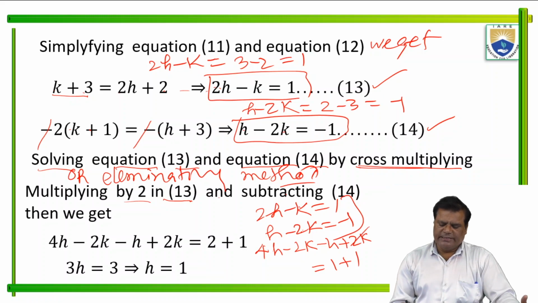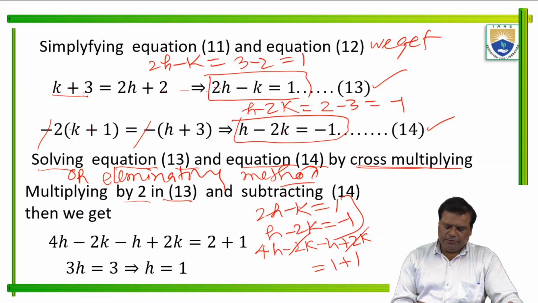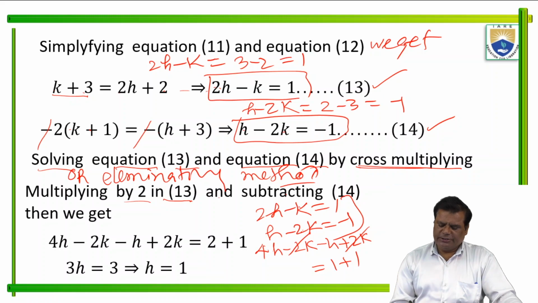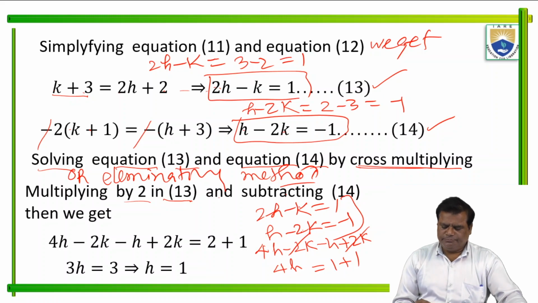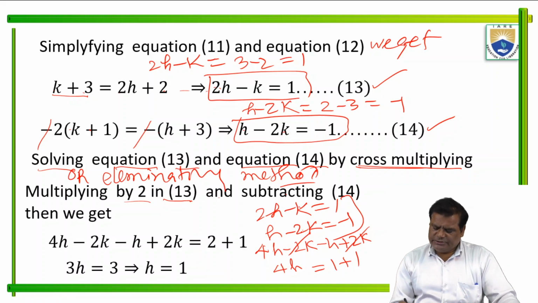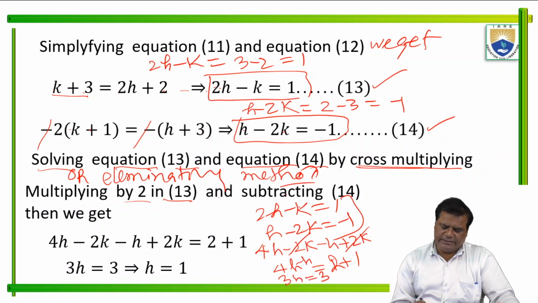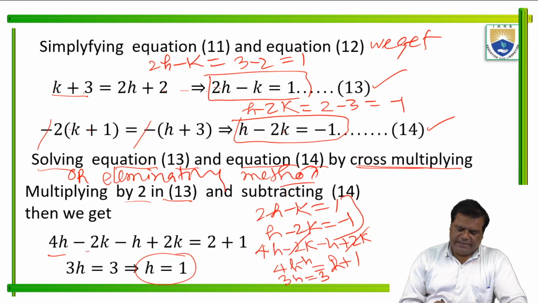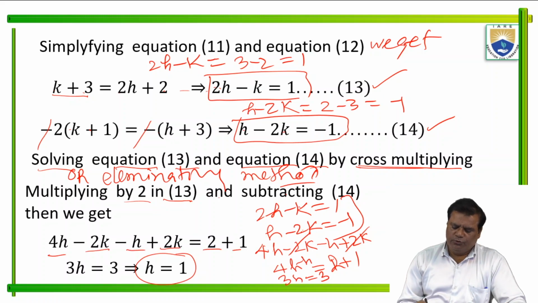So this 2k is cancelled. 4h minus 2k minus h plus 2k equal to 2 plus 1, so the 2k is cancelled.